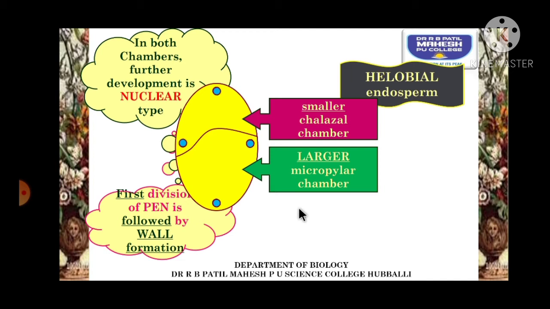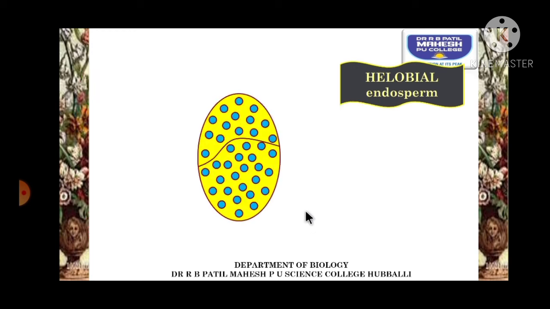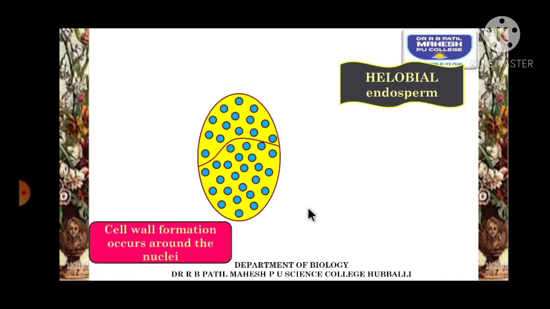So try to observe, there is a formation of only nuclei, not getting surrounded by a cell wall. This is one cell, the micropylar end of the cell, and this is another cell, the chalazal end of the cell. But the further nuclei are not getting surrounded by the cell wall. So that is called Halobial type of endosperm.